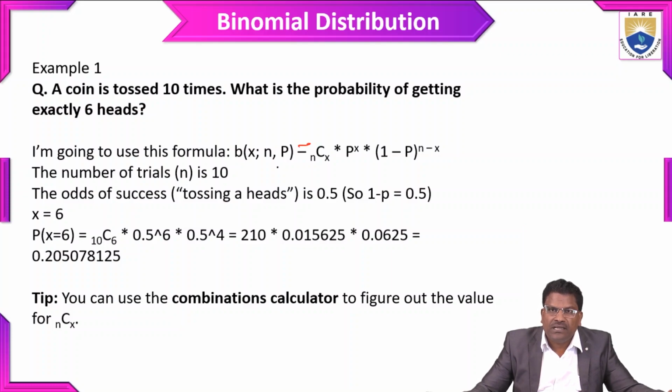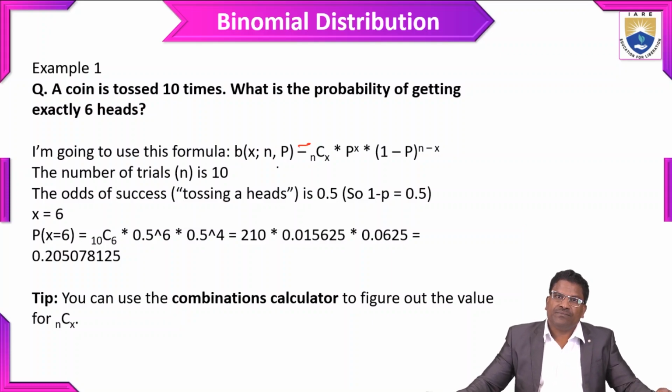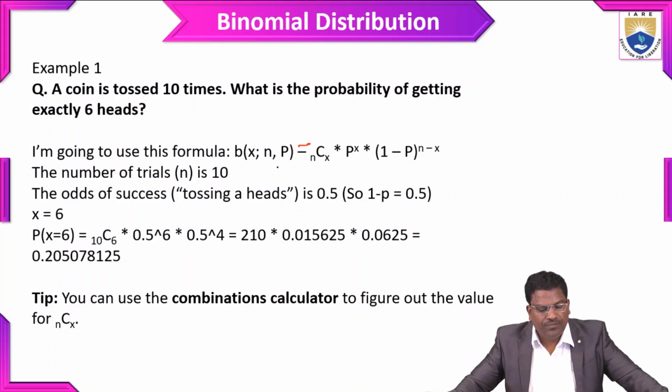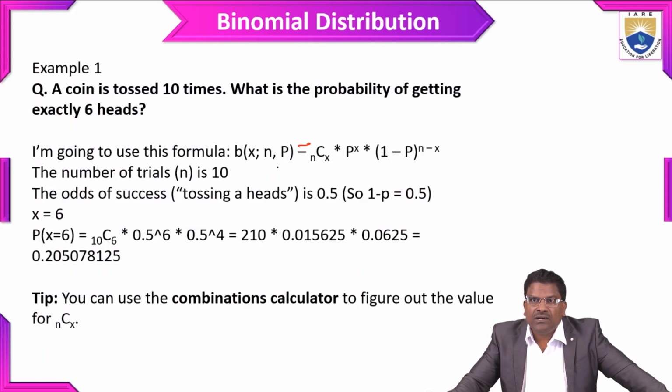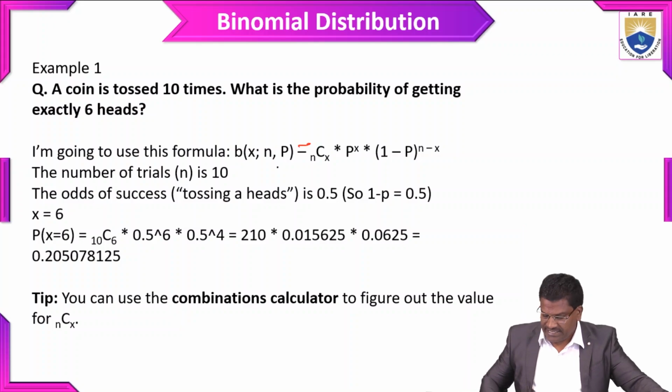After simplification, it comes to 0.205078125. Now let us take one tip here. We can use a combinations calculator to figure out the value for nCx.